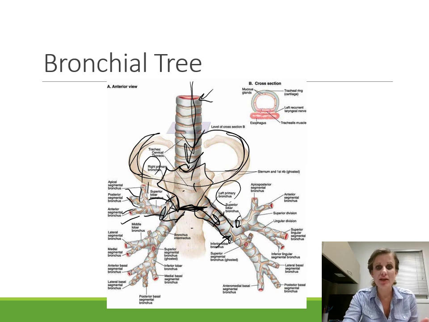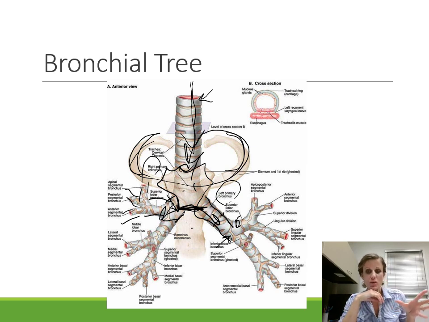Okay, so in the trachea and in all of the bronchi, we have cartilage there to hold the tubes open so that they don't collapse in the changing pressures during inhalation and exhalation. During inhalation, right, we don't want to collapse the tubes as we create this negative pressure or lower pressure in the thoracic cavity. So the cartilage is there to hold them open.